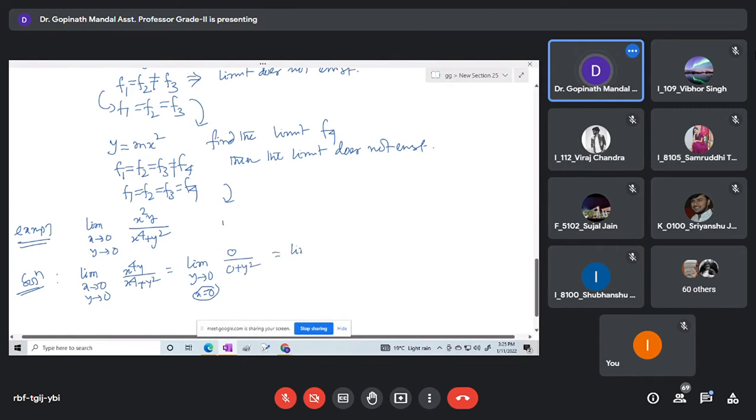That means 0 by y square, that is 0, and the limit will be 0.